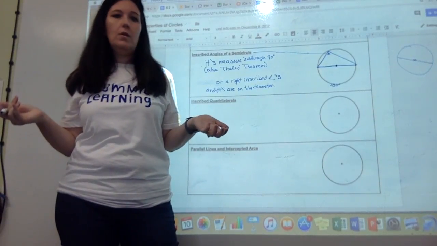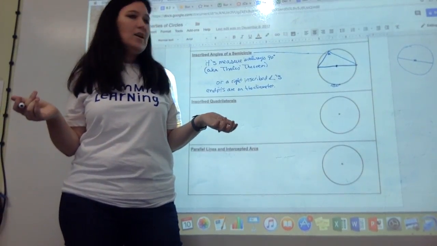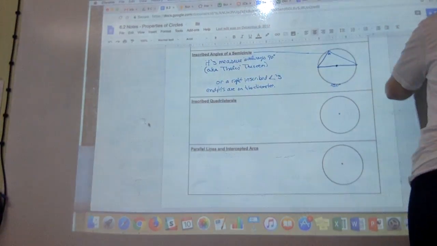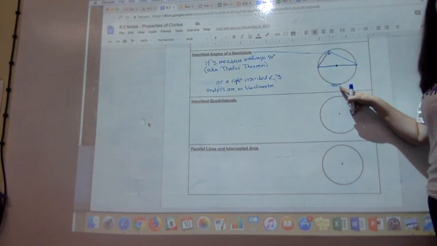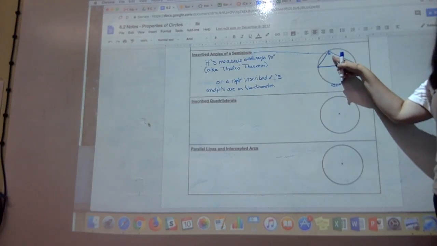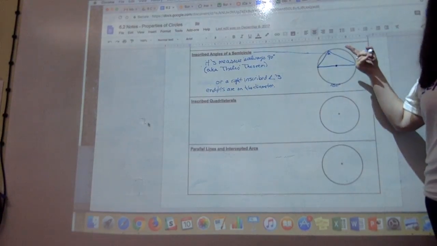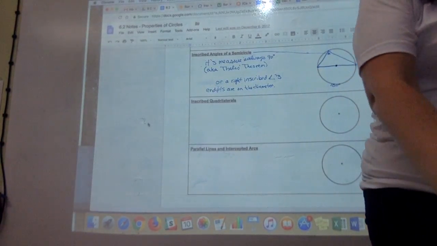Because I know that something is a diameter, it's 180 degrees. Thus, the inscribed angle has to be 90 degrees. What was the relationship? Half. Always. Good.